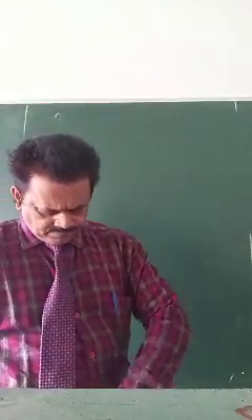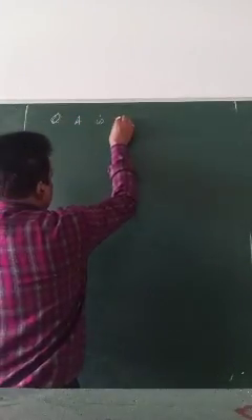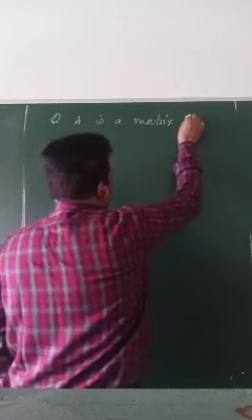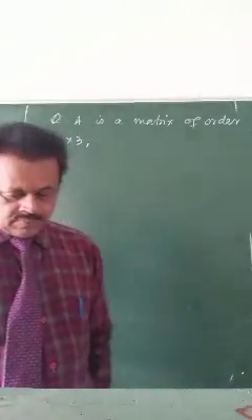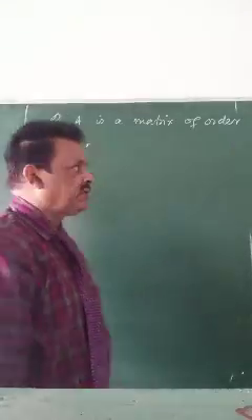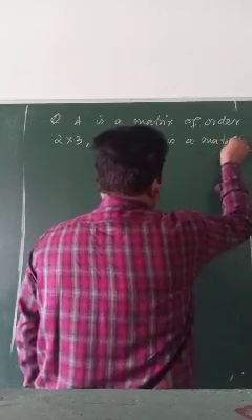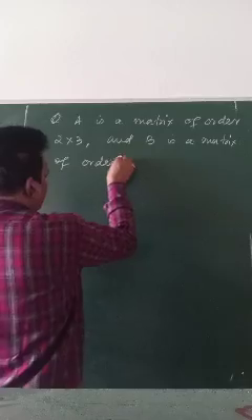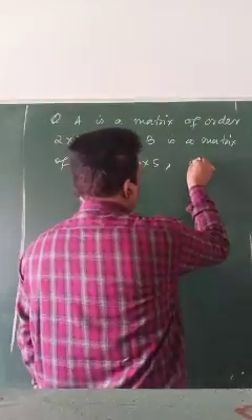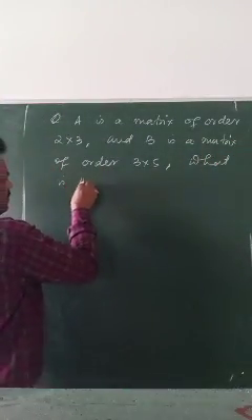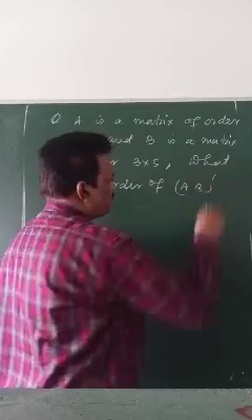Another question: A is a matrix of order 2 cross 3 and B is a matrix of order 3 cross 5, and you are asked what is the order of (AB) transpose.